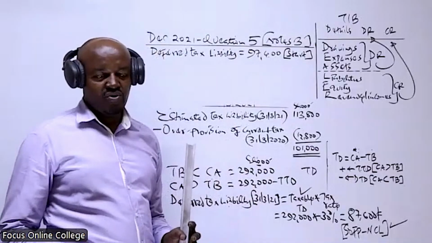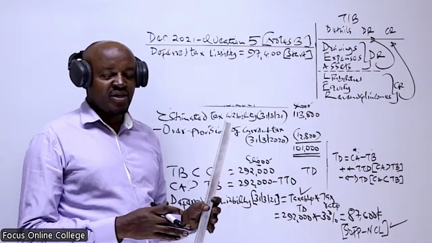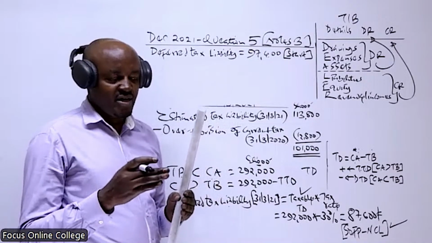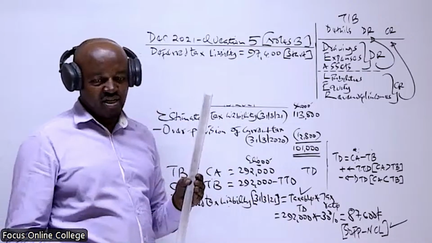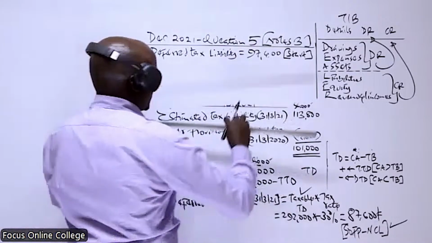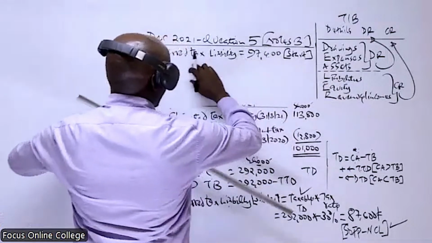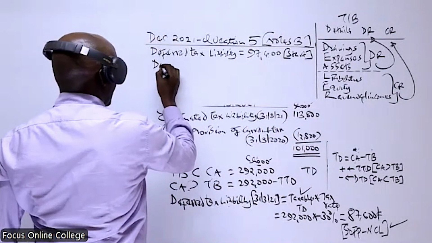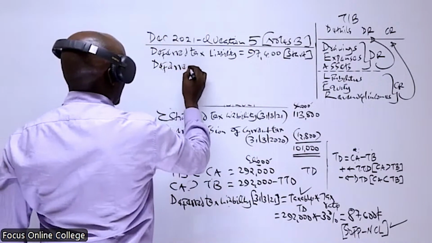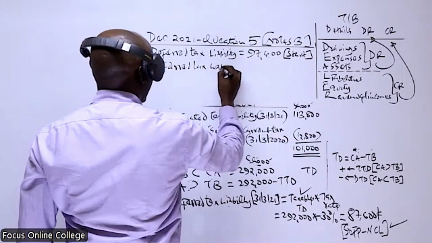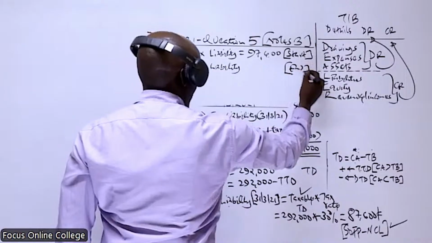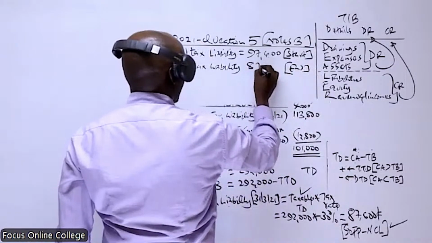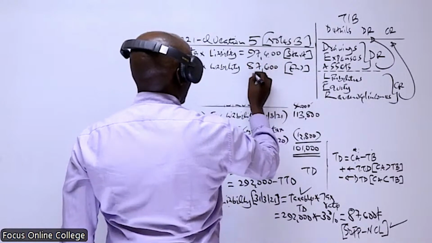Now, generally, when preparing the income statement, what we use is the increase or the decrease. In this case, we take the deferred tax liability at the start and compare it with the deferred tax liability at the end of the year, which is 87,600.